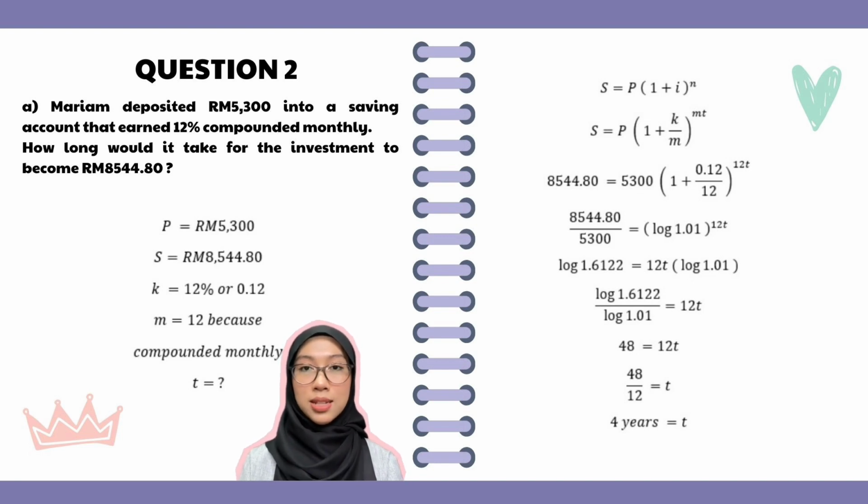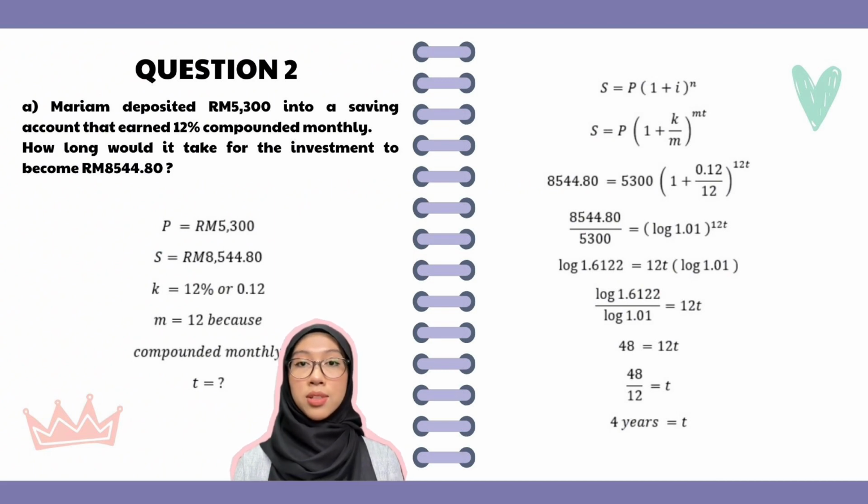We will use the formula S = P(1 + i)^n. In detail, the formula is S = P(1 + k/m)^mt. Now, we just replace the terms with what they stand for. So, 8,544.80 = 5,300(1 + 0.12/12)^12t.